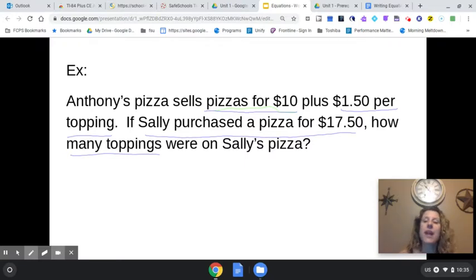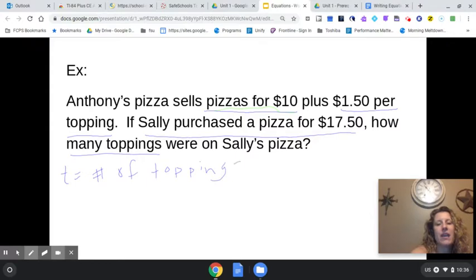Okay, so next we're going to go ahead and pick a variable and define it. So I don't know, do we want to use just X, or maybe do we want to pick T since we're finding how many toppings? And actually, I think that's the one I'm going to go with. I'm going to say T equals the number of toppings on Sally's pizza.